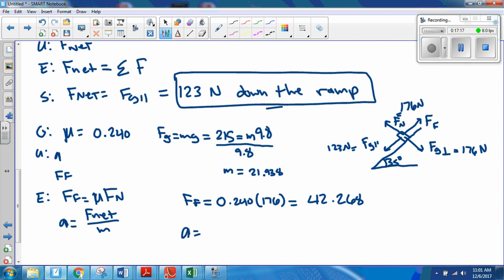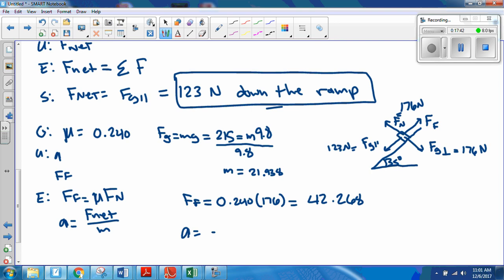So A equals F net. Where do I get F net from? My free body diagram. So this was F net for a different situation, so don't get confused and use this. F net comes from my free body diagram. So I know that Fn and Fg perpendicular canceled out, right? So I have Fg parallel going left.